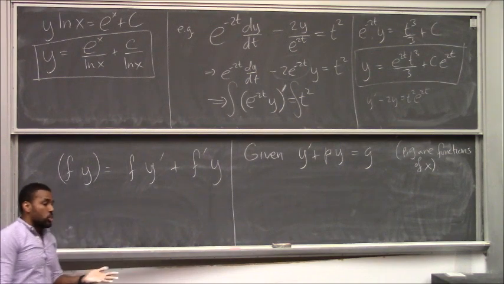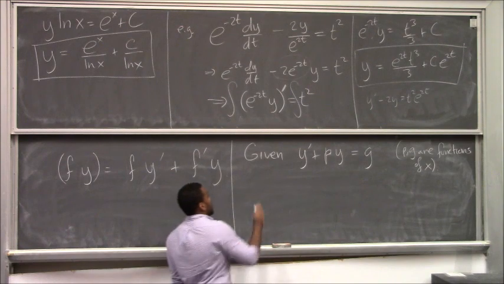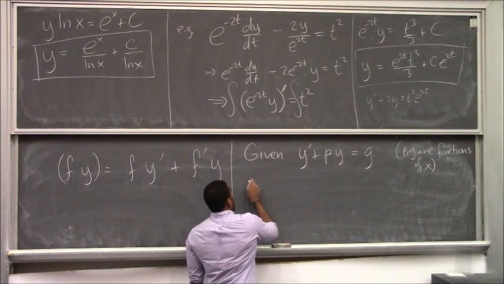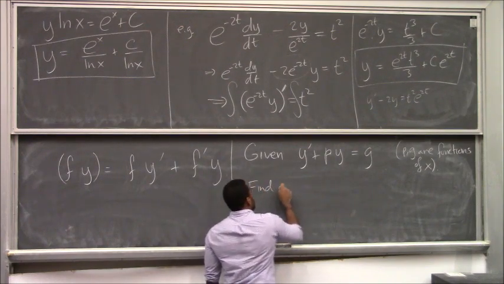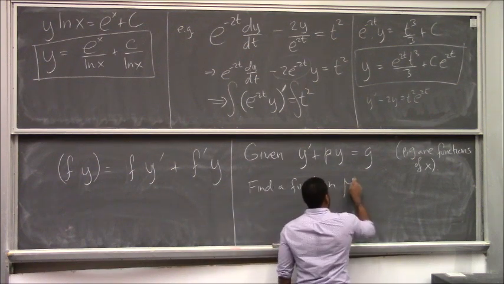Here's something that you can do if you have something in this situation. We're going to find a function mu. There we go with the Greek letters.